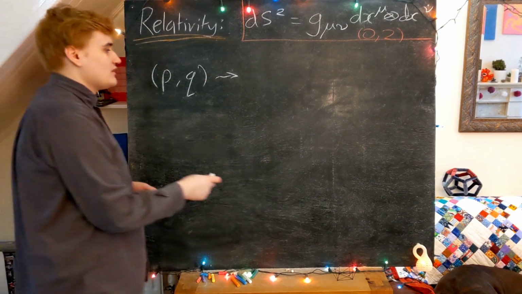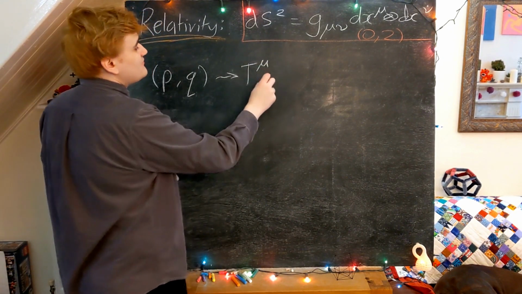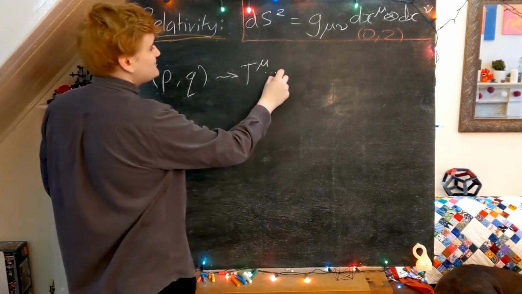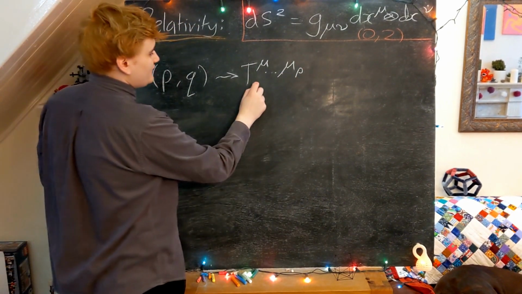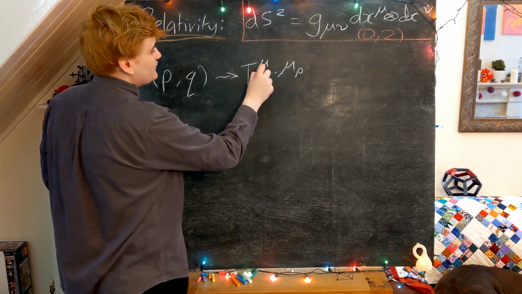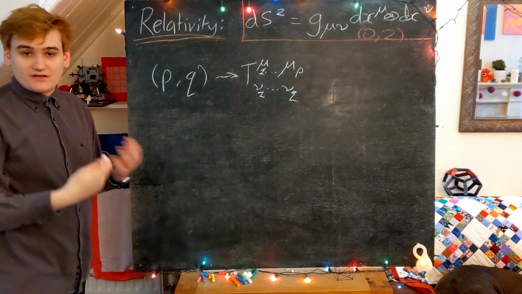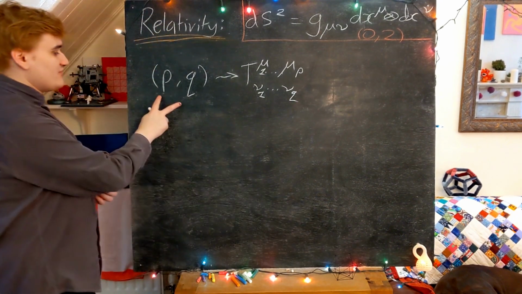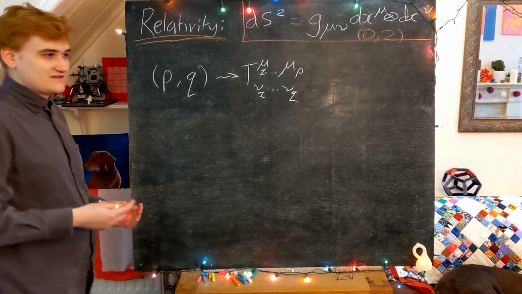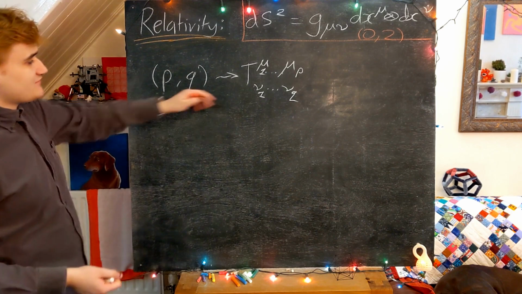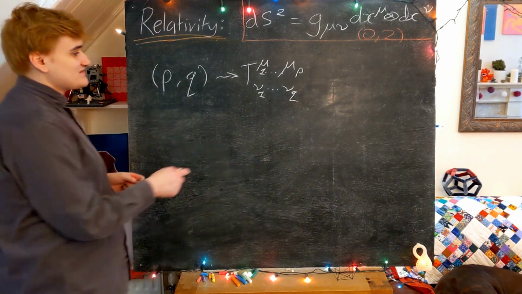It's just going to be some object, I'll call it T. It's going to have some amount of upper indices up to this number P, and then some amount of lower indices up to this number Q. These are just the components. We now have to give the actual tensorial part of this object, which is going to be the vector and one-form bases.